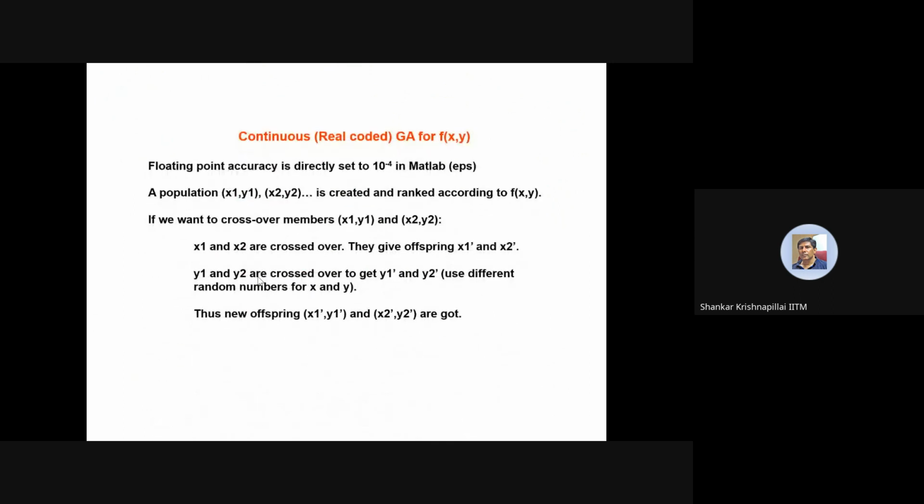Okay, so next we come to the real coded genetic algorithm. Here everything becomes very simple. The floating point accuracy is set to 10 raised to -4 in MATLAB using the EPS command.